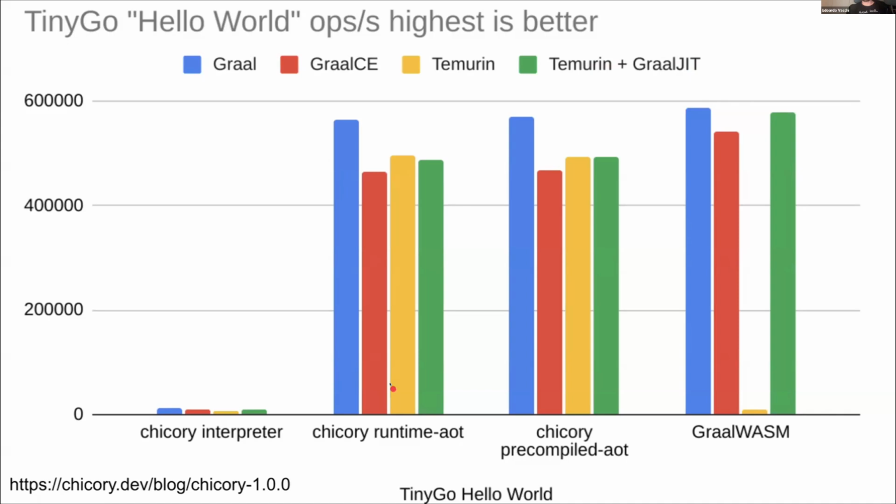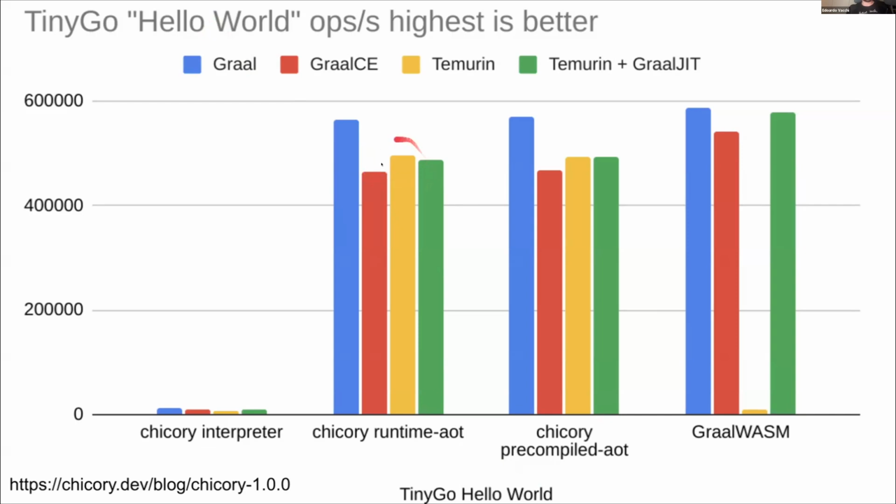What is actually interesting is that the Chicory runtime AOT or precompile AOT are pretty much the same. There's not a big difference. And we get great performance on the Graal commercial version. We get good performance on Graal CE.